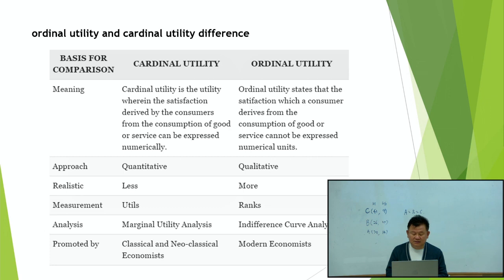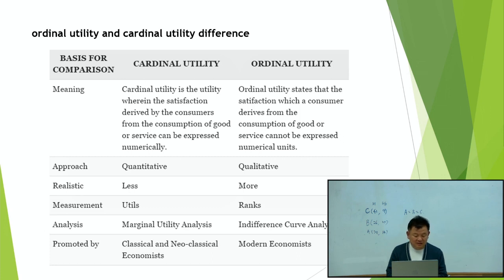Numerically means expected value and expected utility, how much. On the other hand, ordinal utility states that the satisfaction which a consumer derives from the consumption of goods and services cannot be expressed numerically.